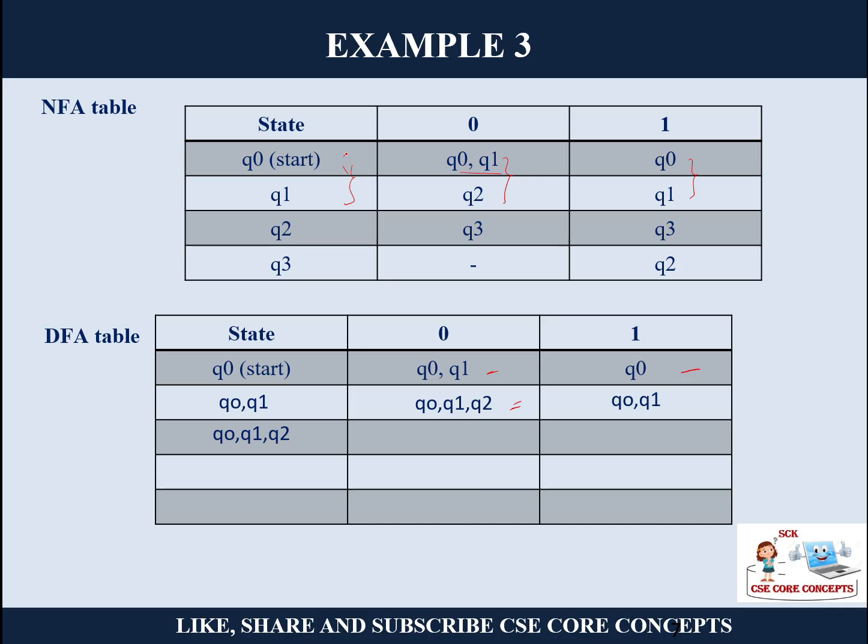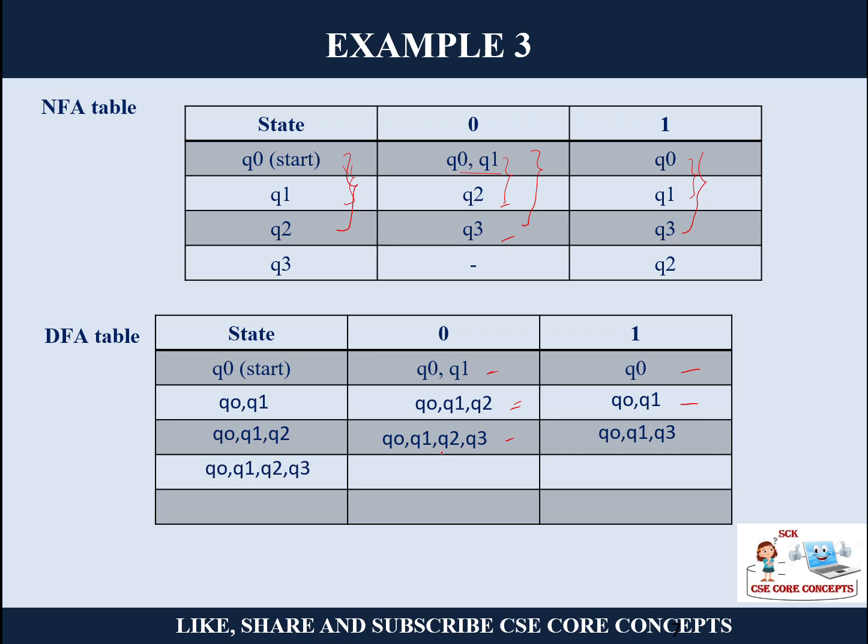So Q0, Q1, Q2 will give you which state? With an input 0 it will lead you to Q0, Q1, Q2, Q3. Okay, and with an input 1 it will give you Q0, Q1, Q3. Now this is already traversed, done. So we have to traverse this one, right?